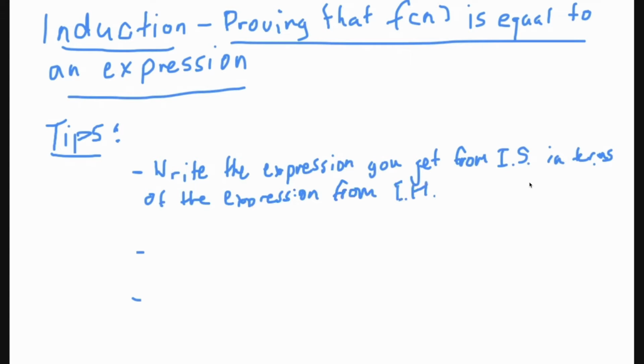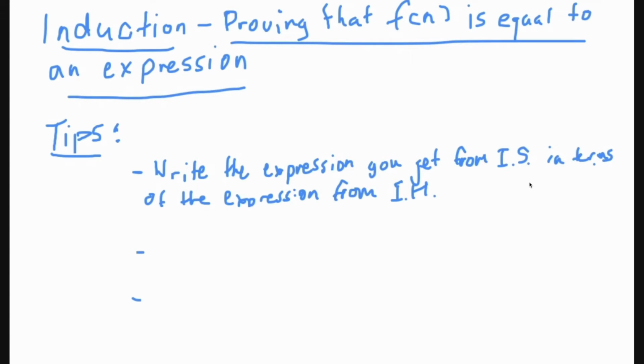And these two expressions are the ones that you get from plugging in n is equal to k and n is equal to k plus 1 in your given equation. All right, so what this does is it allows you to use the assumption that you made in your inductive hypothesis. And if you're a bit confused, that's okay. I'll explain how this tip works in our example.